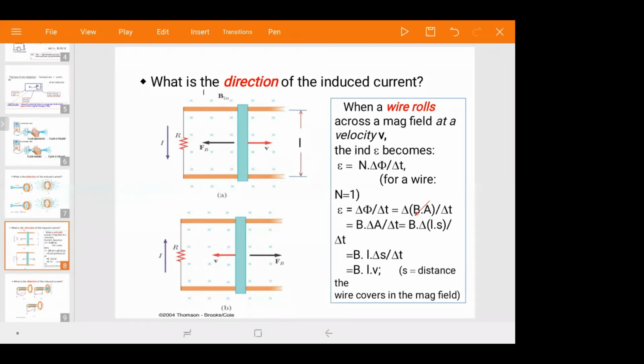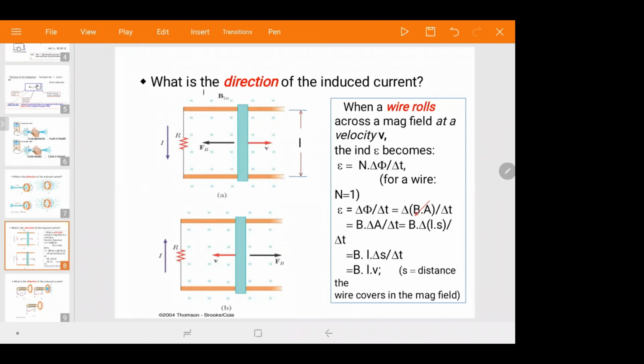The area which we talked about earlier: L times the distance it covered. That's the area which we take as the change of area, divided by the time it took to come over here. Change of area over change of t gives you, as you can see, the induced EMF for a wire, N delta phi over delta t. And when there is a single wire, N is equal to 1.